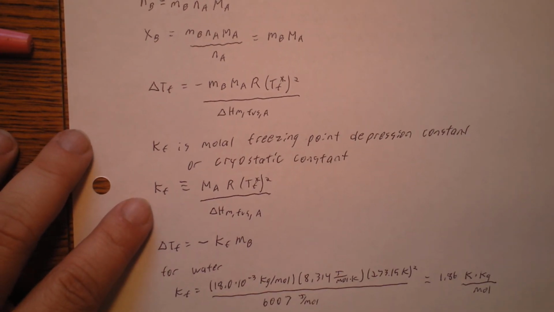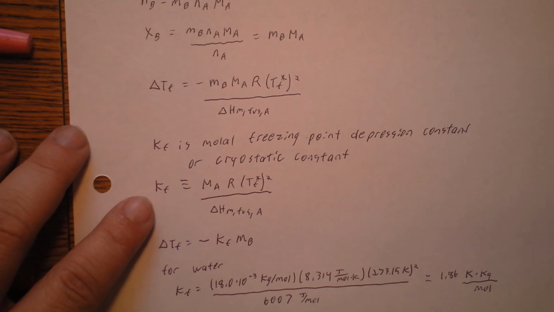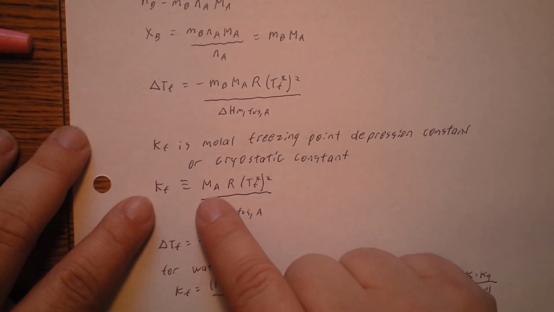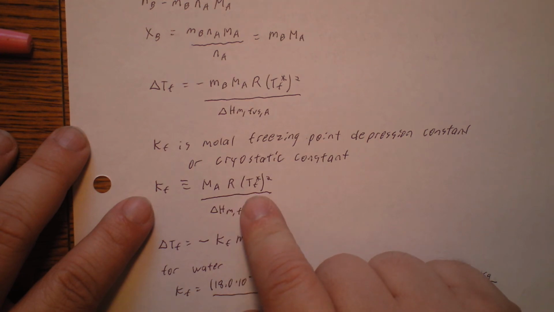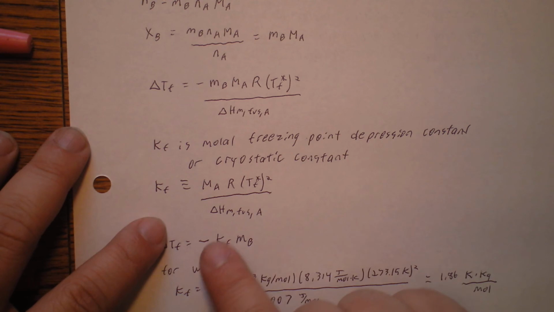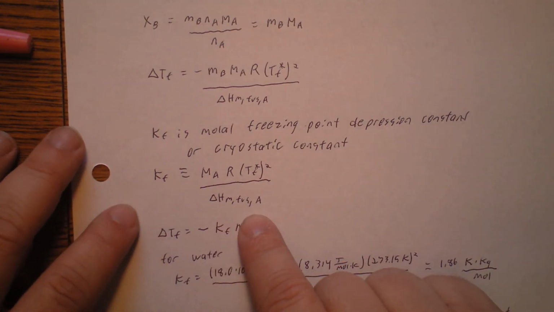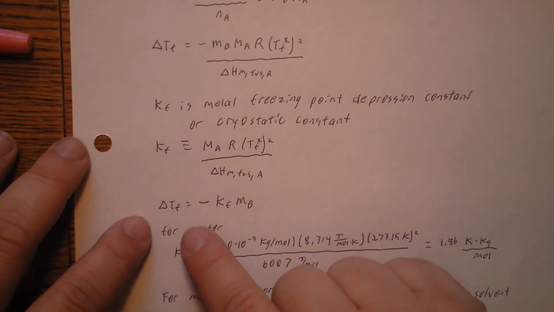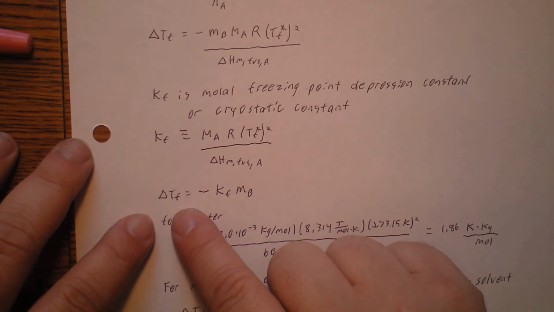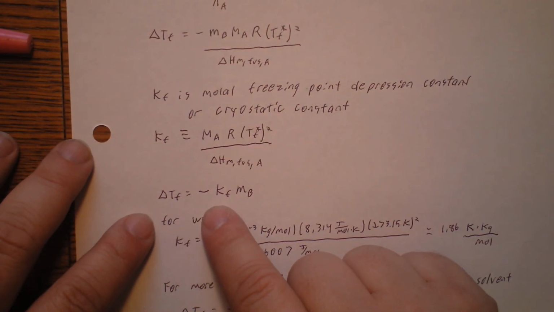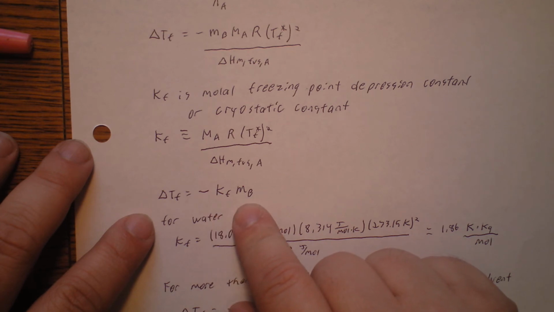So Kf is going to be defined as the molar mass of substance A times R times the freezing point of the pure substance squared divided by the change in the molar enthalpy of fusion of substance A. Now, the change in temperature of fusion is going to be equal to minus Kf times the molality of B.